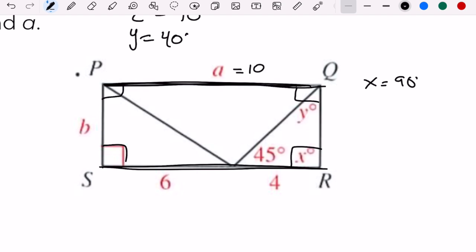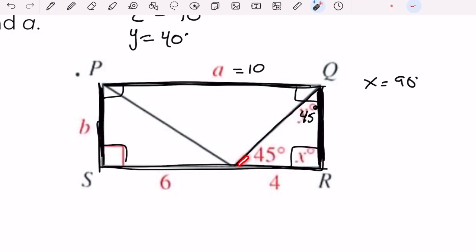Now, this is a triangle that measures 45 and 45, right? Because angles need to add up to 180. And now, what is the measurement of this side? We need to find it because we need to find the measurement of B. Well, what type of triangle is this triangle?